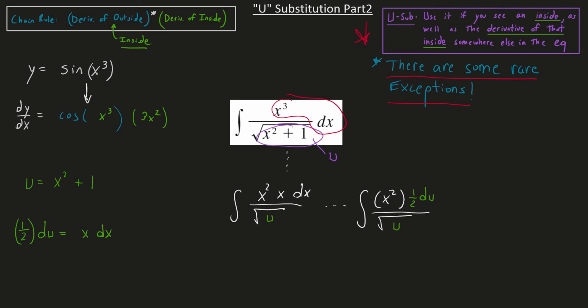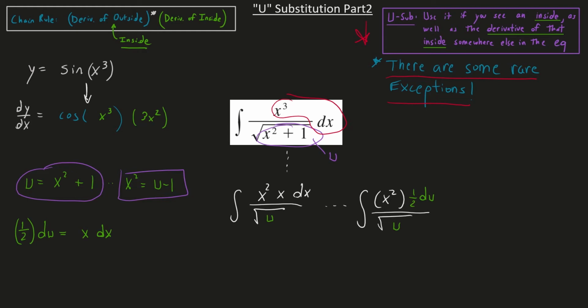Well, I either got this equation or I got this equation to help me get x's out and u's in. Well, I've already used this one. This guy has an x squared in it. So all I have to do is reorient this equation, get x squared by itself, and I end up with this.